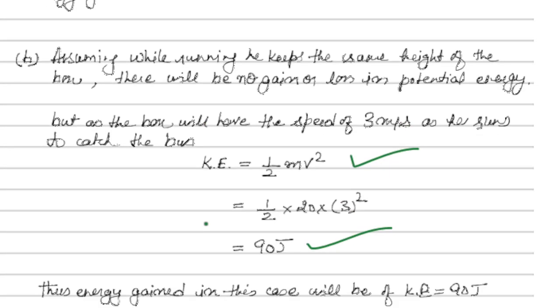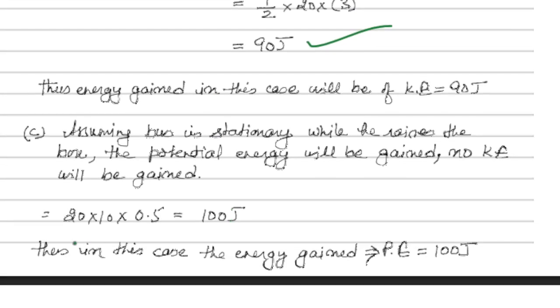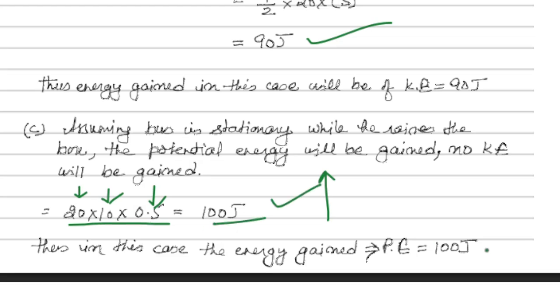When he makes the vertical displacement, he gives it potential energy, which we can calculate by mg delta h. This is the mass of the box, here goes the g value 10, acceleration due to gravity, and this is the height to which he puts the box. So 100 joules of potential energy is given.